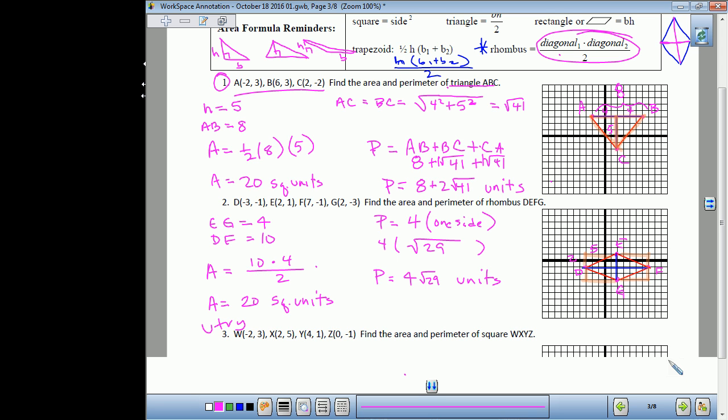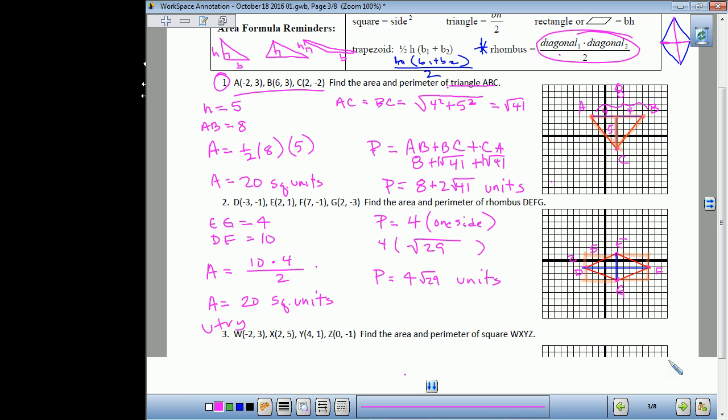The area of this is side squared, right? So we found one side is... I think we found the area. Oh, I have a solid area. I did the perimeter first.